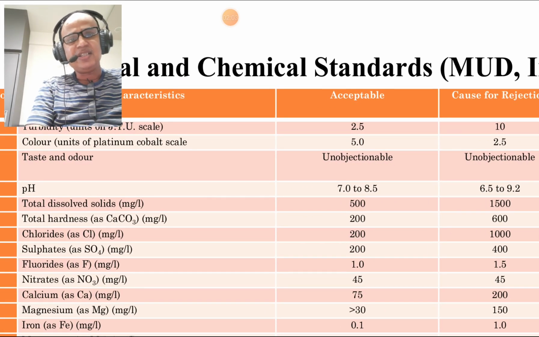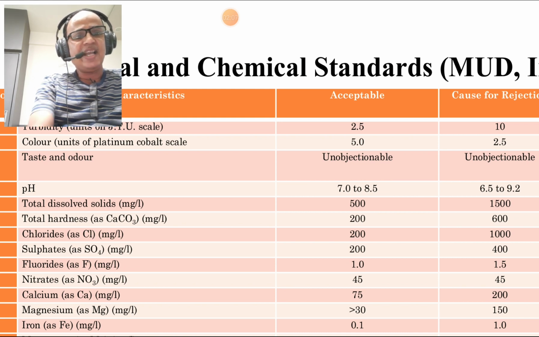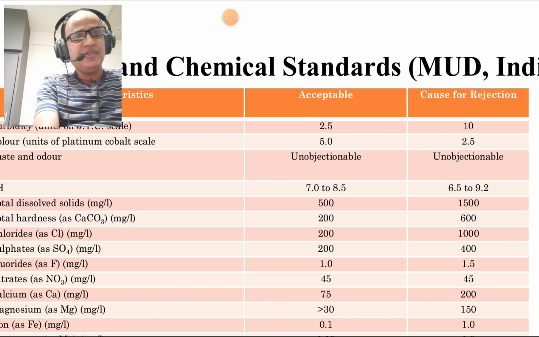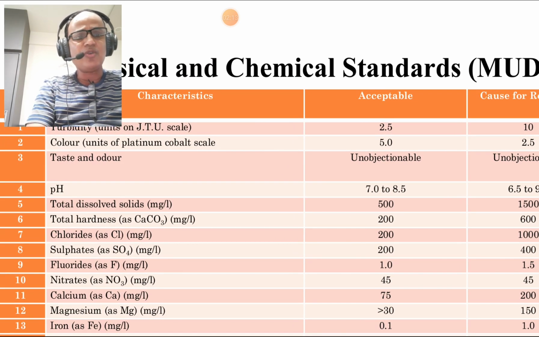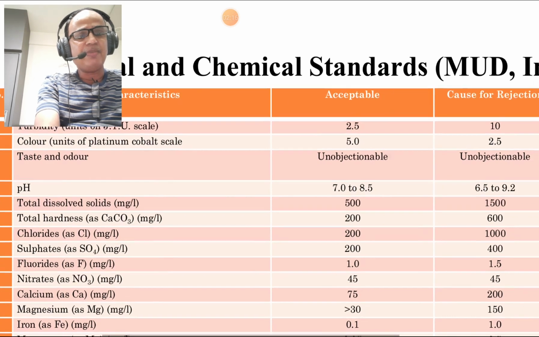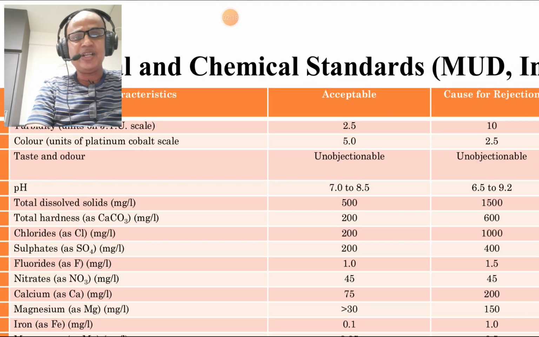Color is measured on the platinum cobalt scale: the acceptable unit is 5 and the cause for rejection is 25. For taste and odor, the acceptable level is unobjectionable. That is very important. Then pH value is acceptable in the range of 7 to 8.5.